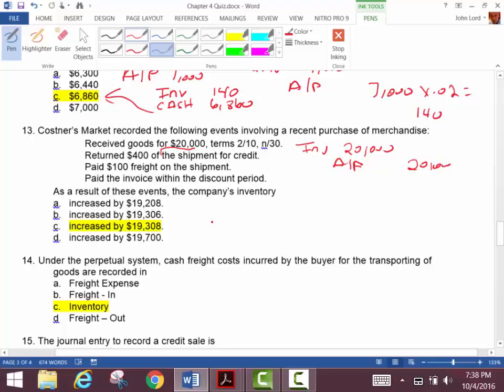Okay. And let's tee up inventory and accounts payable, let's tee them both up. Why pick on one or the other, right? So that's 20,000, and we've got balances of 20,000 sitting here, right?